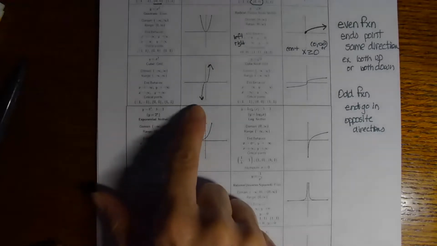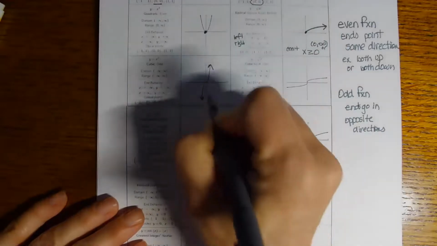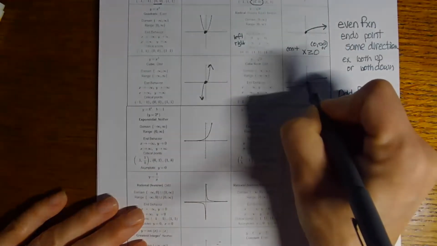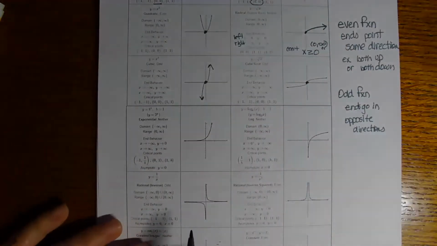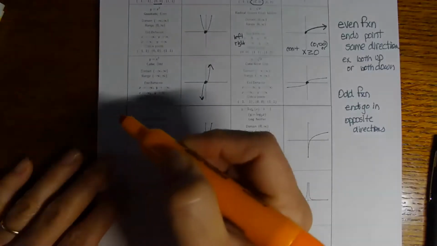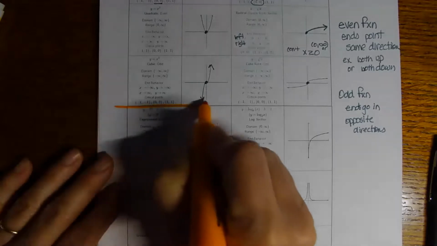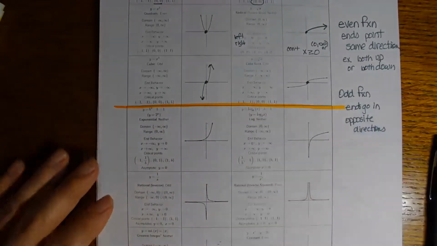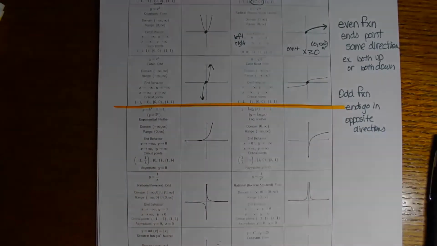Okay, cubic. Notice all of these points have what common point that they all go through so far? These first 6 that we looked at all go through 0, 0, right? That's important because when we do transformations, you may have done transformation tables in the past. Who did those? Did you love them?